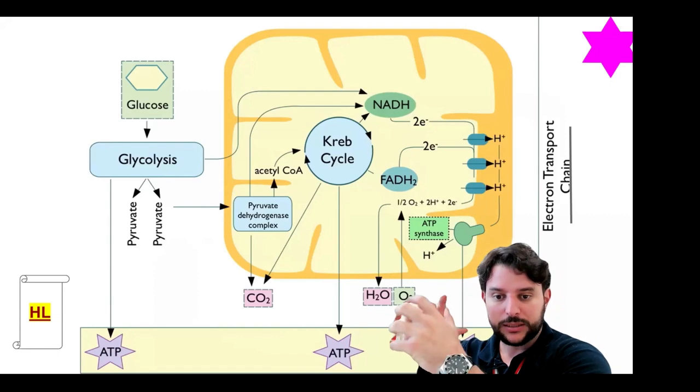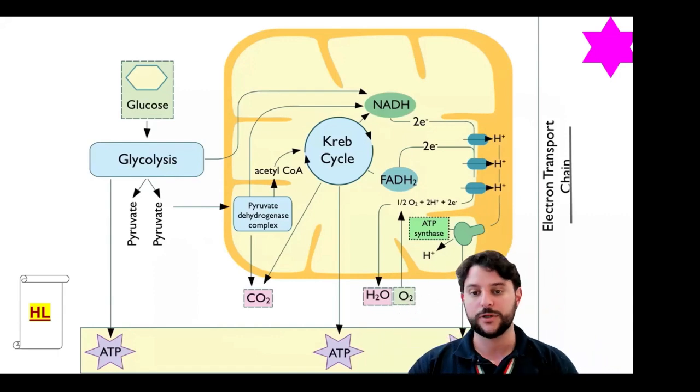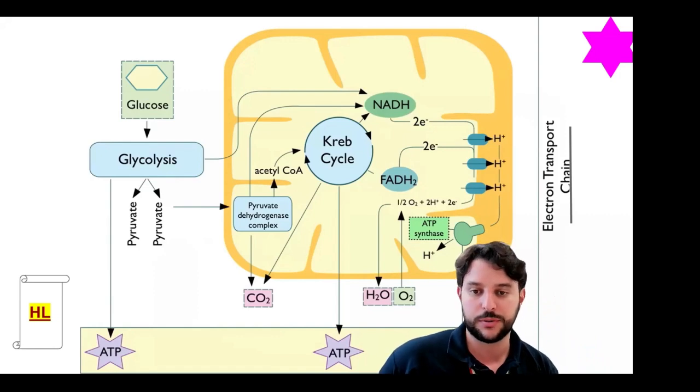So as the protons pass, they phosphorylate a lot of ATPs, a bunch of ATP molecules inside the mitochondria. This is why the major part of ATP molecules are made in our body through the ATP synthase at the end of the electron transport chain. This is called chemiosmosis, all right?